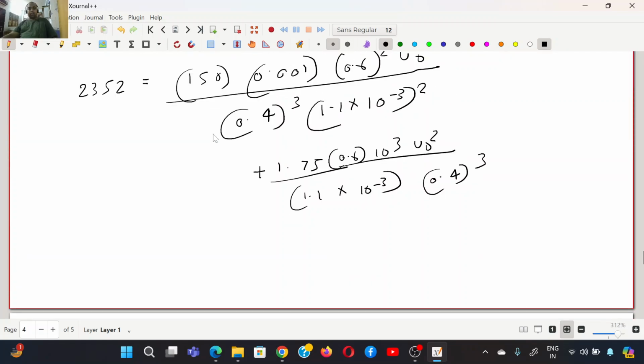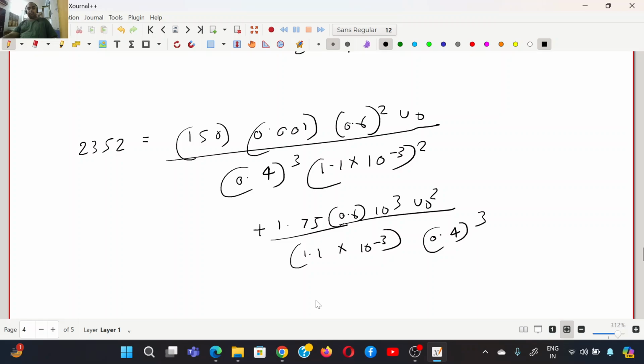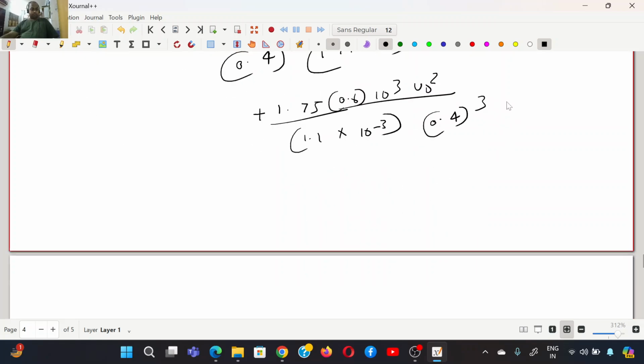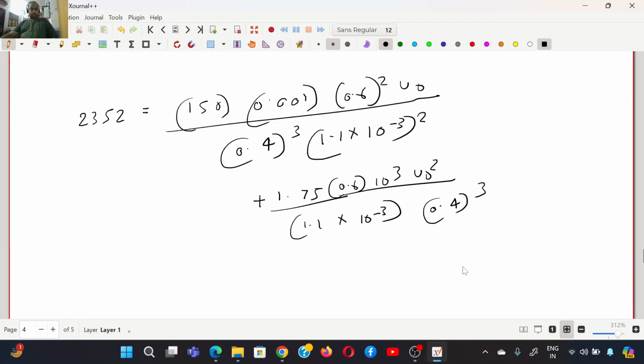So you just equate this part and this part. You forget this, and you will get U naught. 2352 is equal to something into U naught. So U naught is like, one second.